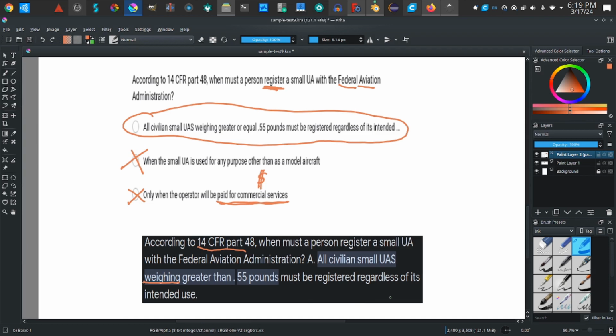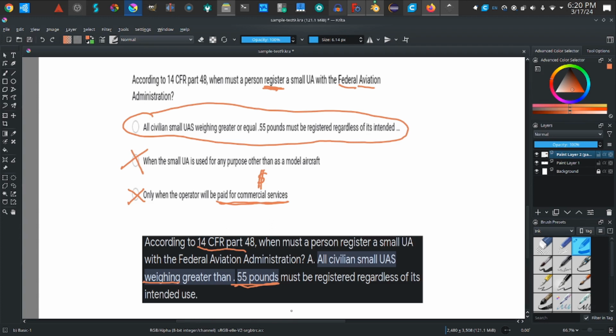I'm going to finish reading it. All civilian small unmanned air systems weighing greater than, here we go, 55 hundredths of a pound, or a little over half a pound, must be registered regardless of its intended use. So I don't care. You can use it for flying in your backyard, at the local park, or doing real estate work, construction work, or making a movie with your drone.